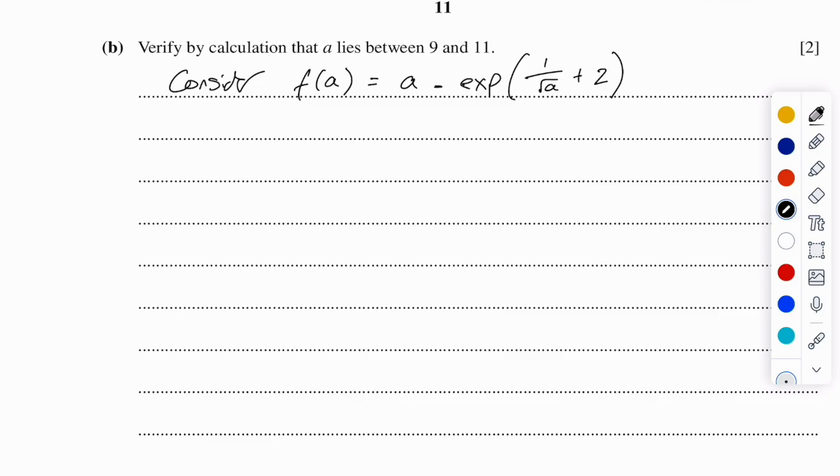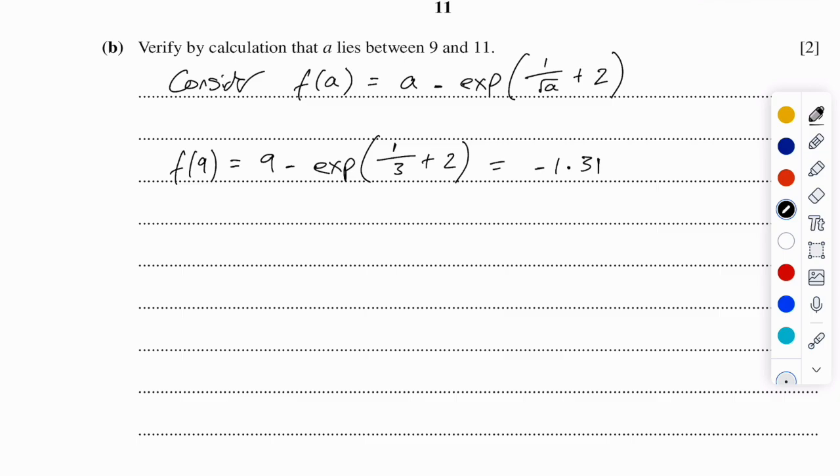I can then say f of 9 is equal to 9 minus e to the 1 over root 9, which is 3, plus 2. What does that give us? Well, that gives us negative 1.31.